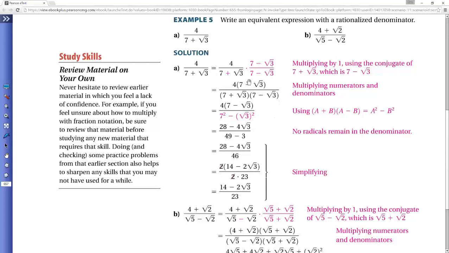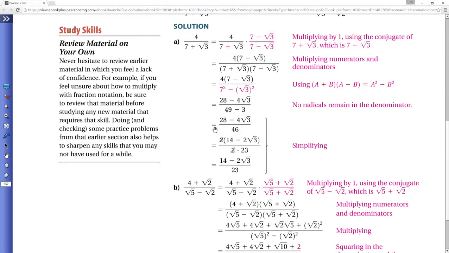A very easy error would be to do all this complicated stuff, figure out what I need to multiply, and then take 4 times 7 and forget to distribute it to the negative square root of 3. So don't forget the easy parts. Distribute that and you get 28 minus 4 square roots of 3, all over 46.